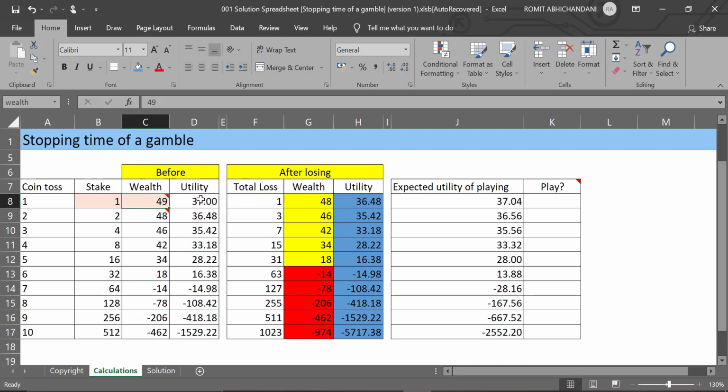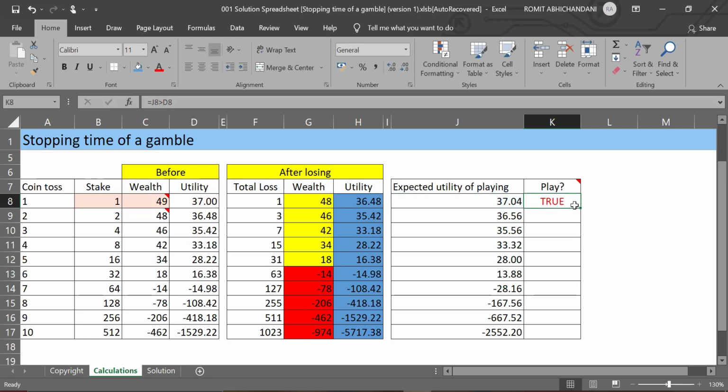If you do play, then this is your expected utility. This is your utility before playing, and this is your expected utility after playing. You'll only play if your expected utility after playing is more than your utility before playing. So what I can do is check whether this is greater than this number, whether my expected utility on playing is greater than my utility if I don't play.